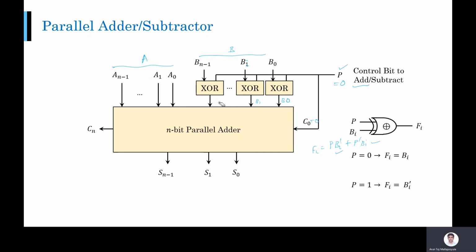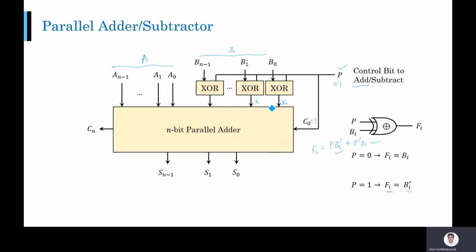On the other hand, if you want to do subtraction, you put P equal to 1. The same input is your carry c0, so c0 is 1. Because P is 1, the outputs of the XOR gates are the complements of the B inputs, so you have B0 dash, B1 dash, and so on.